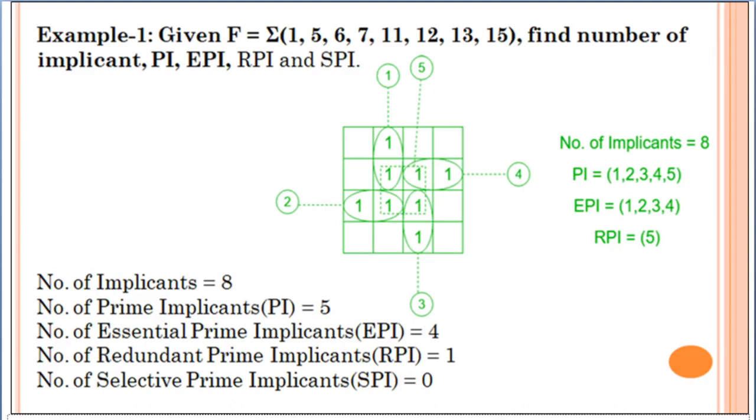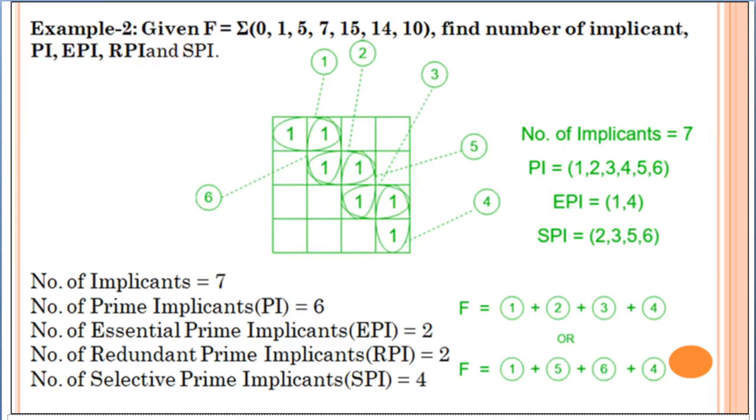Clear? Now we take some other example. This one. Here are total 1, 2, 3, 4, 5, 6, 7. That means we have 7 implicants, and we fill these min terms according to their cell identities in the K-map. The maximum min term in that particular function is 15, so this function has a total of 4 variables.